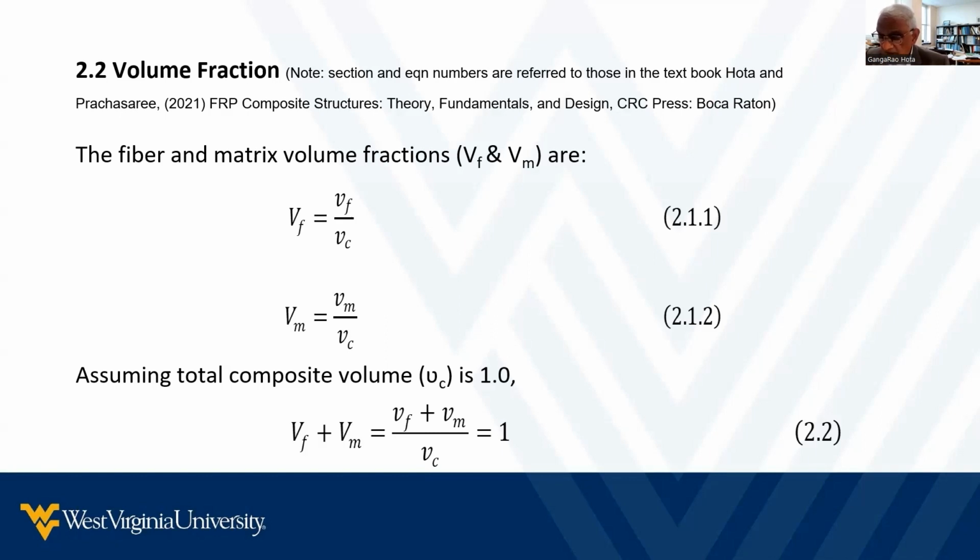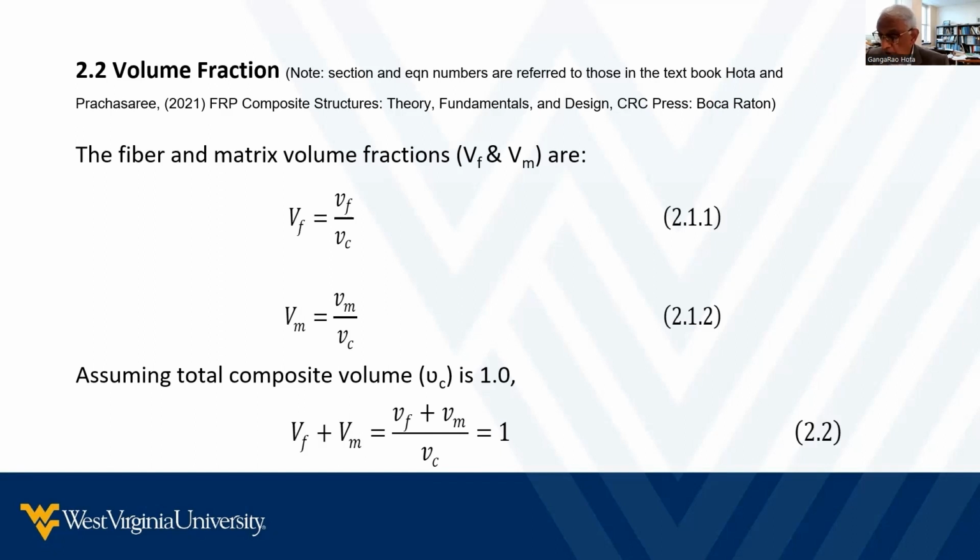Here, the sum of these two, VF plus VM, is the total composite volume, assuming there are no voids, 0% of voids. These fractions are computed, very importantly, to find stiffness properties, which we will see in the next couple of slides after going through these very basic concepts.